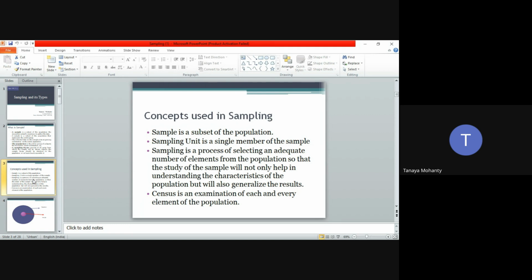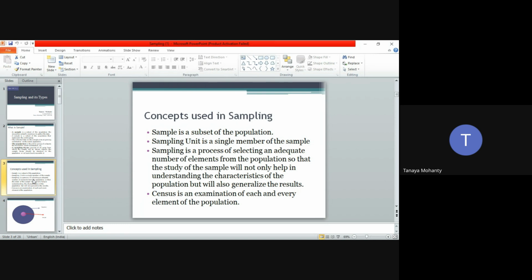Sampling is a process of selecting an adequate number of elements from the population so that the study of the sample will not only help in understanding the characteristics of the population but will also generalize the result. So just look at this concept. One is sample, second is sampling unit, a single member of the sample. Sampling is the process of selecting the sample for your study.